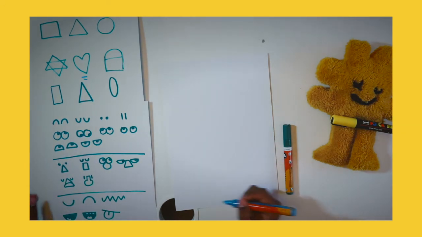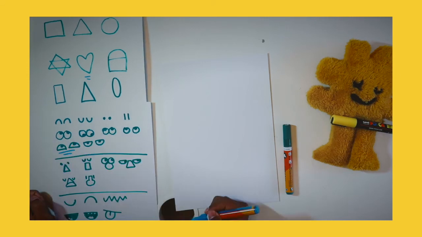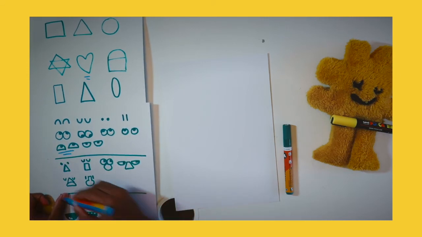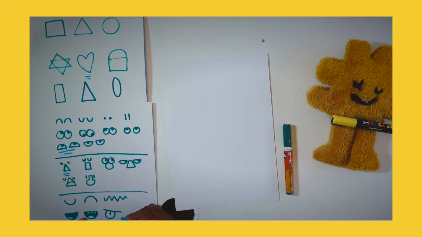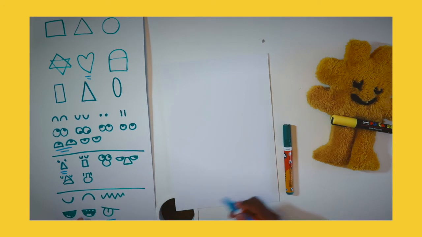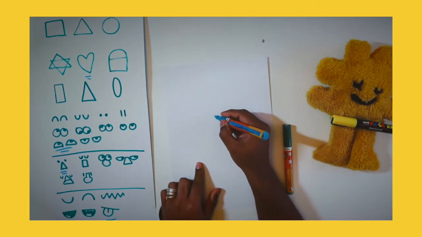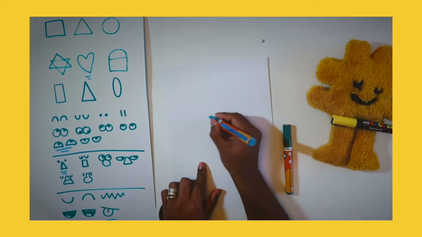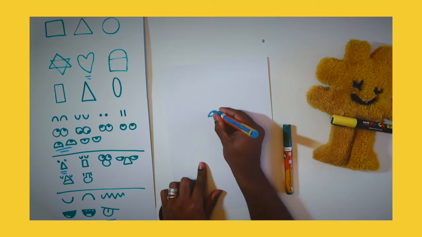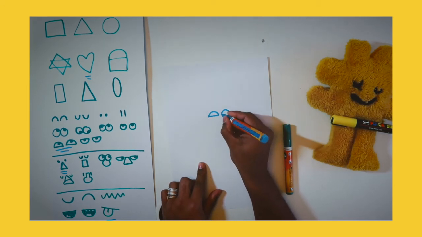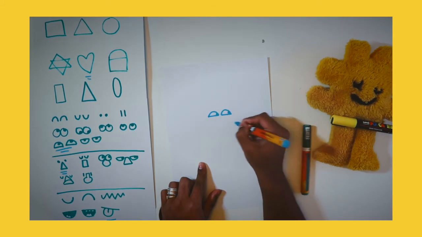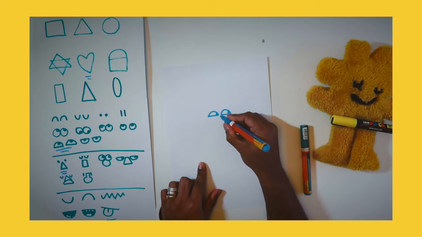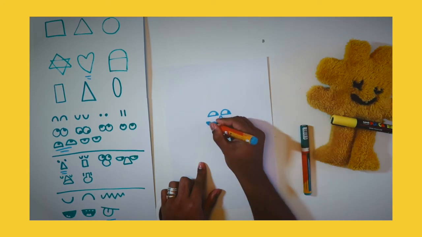And I like these eyes, maybe this nose, and this mouth. All right, so first thing we do is we create our eyes. And I'm going to have him look this way. And his nose. And his mouth.